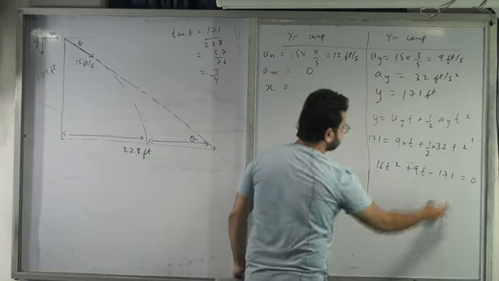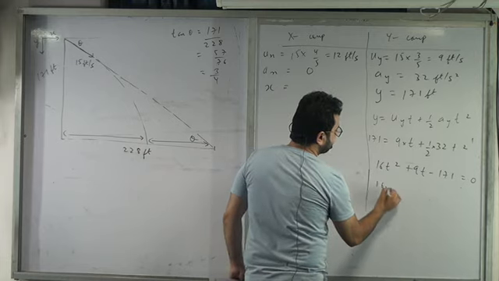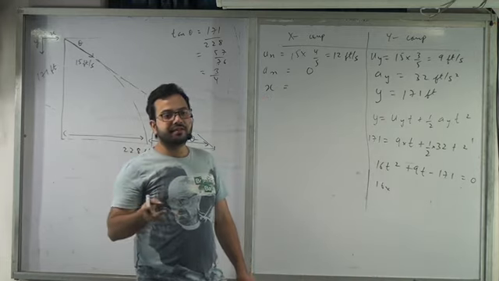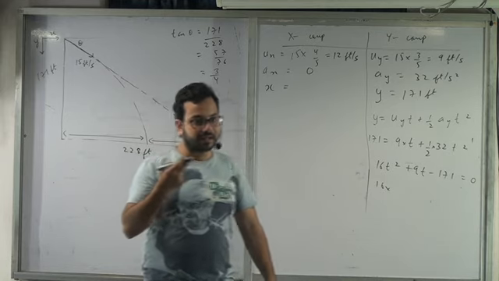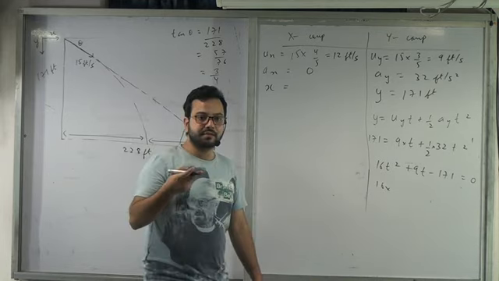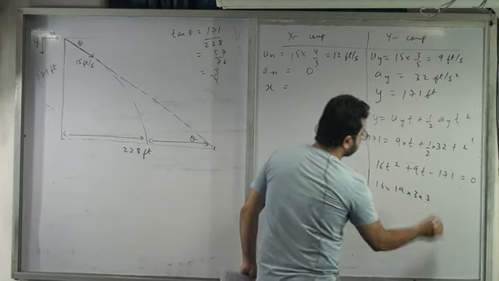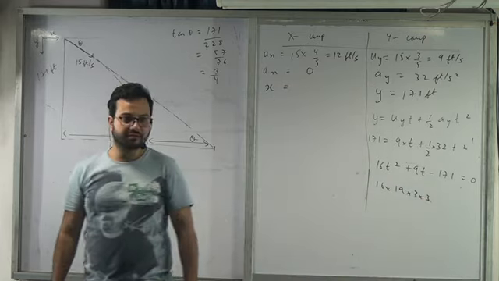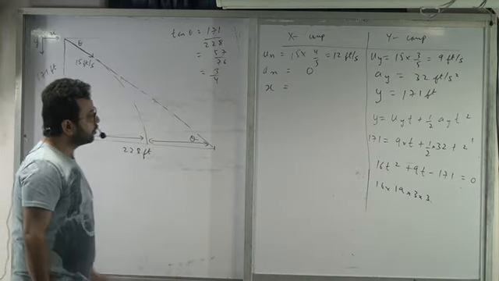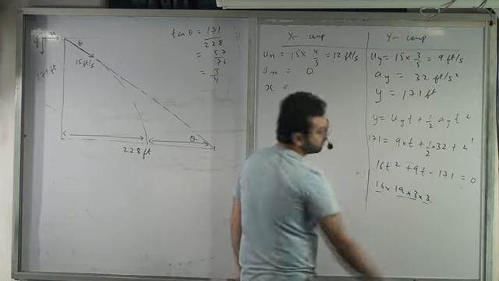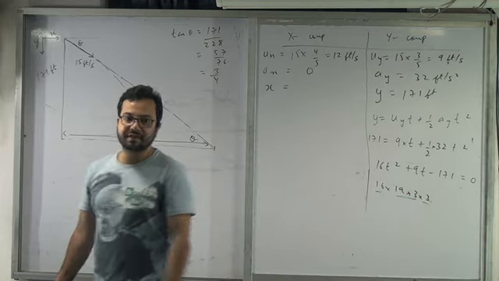Let's try to factorize it. So this is 16 multiplied by 171. We know 171 is divisible by 57, we've just done that, and it is divisible by 19. So this is 19 into 3 into 3. Is that right? So 57 and 48. Done.